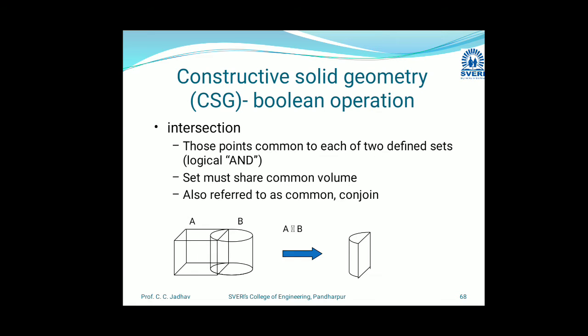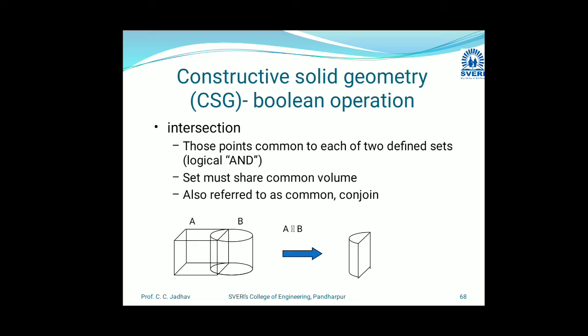Next, intersection. Those points common to each of the two defined sets. Of the two objects A and B, whatever the common area of the two objects is, we form a new object from it, called the intersection. The sets must share common value, also referred to as common and conjoin.